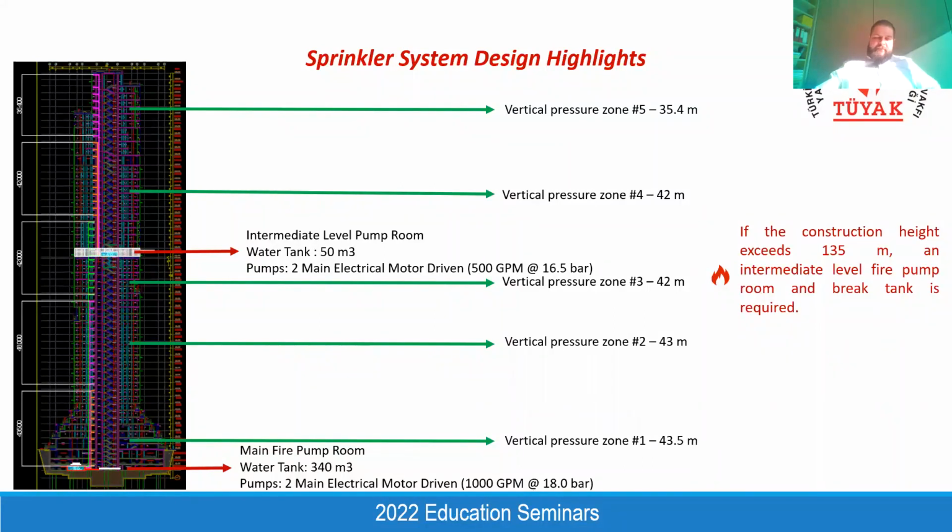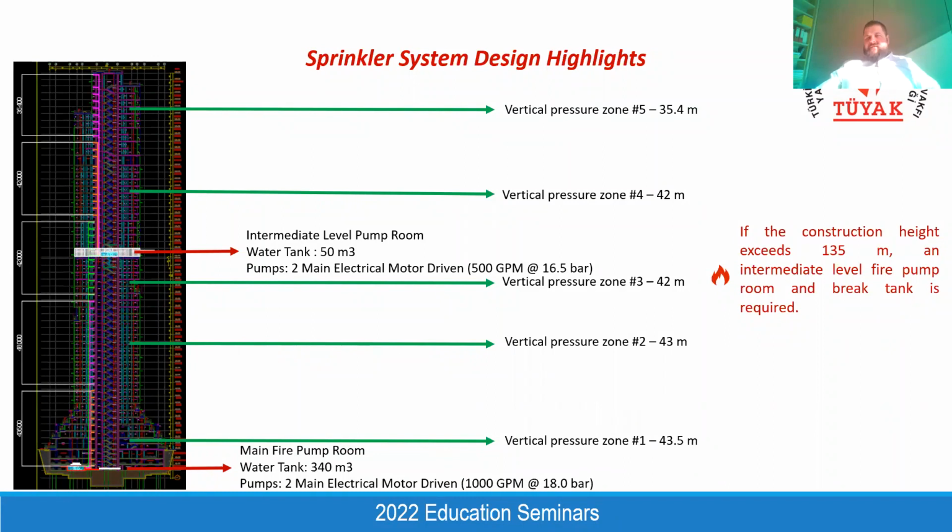But if you have some knowledge about the vertical pressure zoning, and if you have knowledge of what is the limitation for having an intermediate level of mechanical floor, you will take this into account from the beginning of the project, and you will develop your design accordingly, and you are not facing any problem during your design phase.